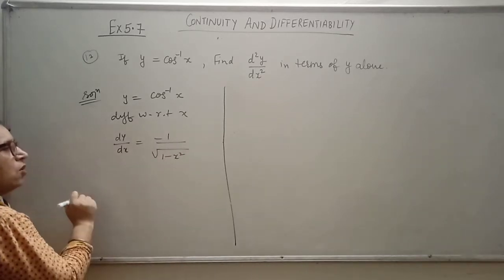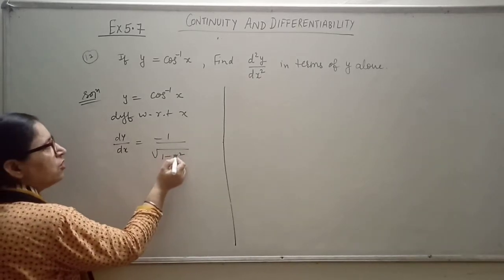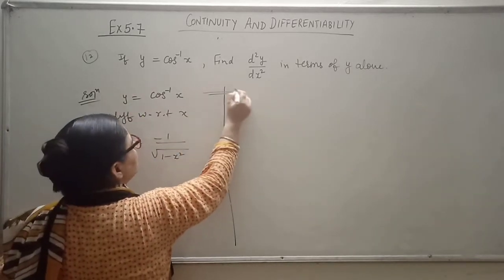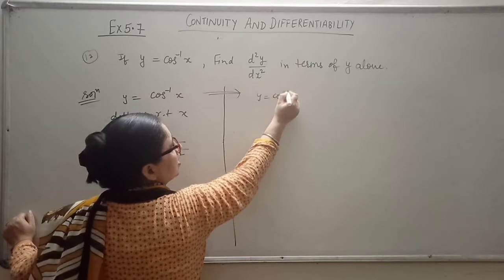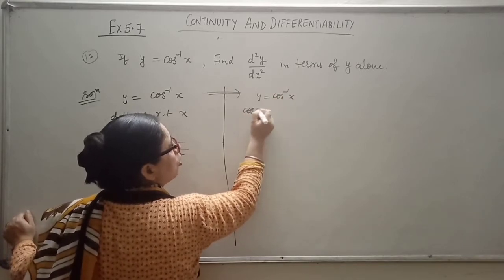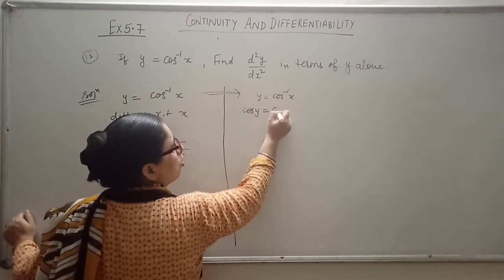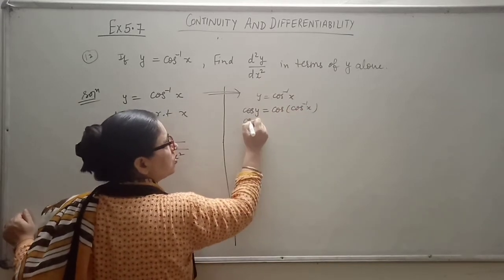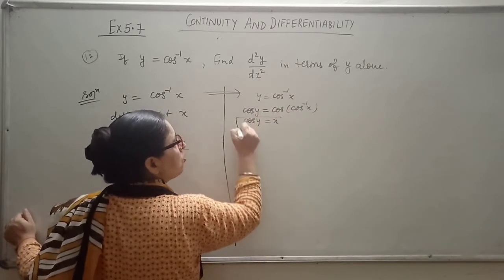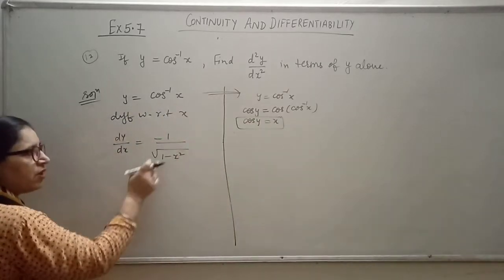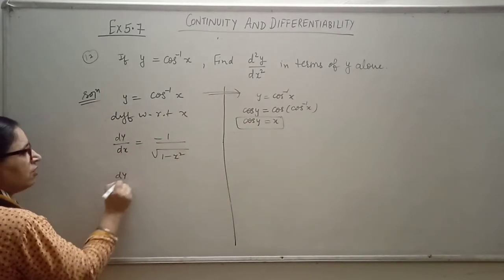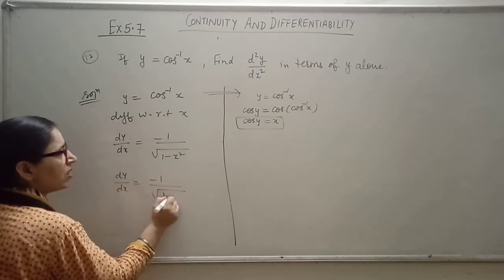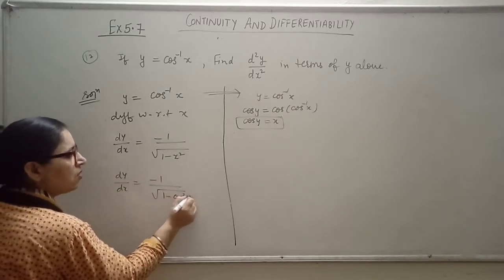Now I can put the value of x from here. If I write y is equal to cos inverse x, then cos y is equal to cos of cos inverse x. If I take cos on both sides, the value of x becomes cos y. So that value I am substituting here. So dy by dx is equal to minus 1 upon square root of 1 minus cos square y.